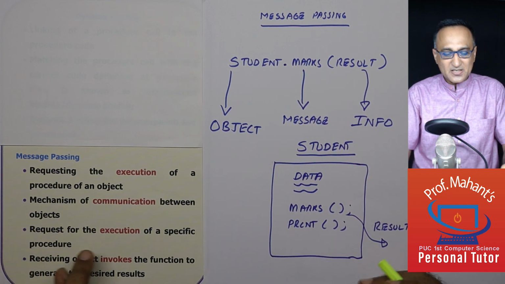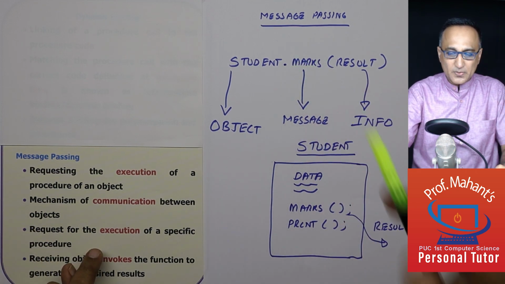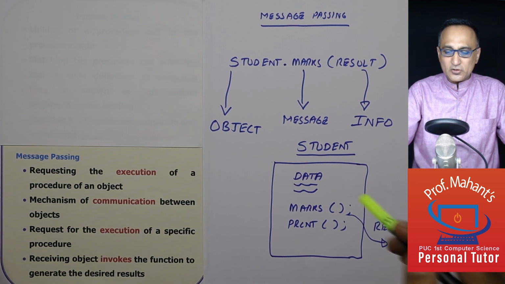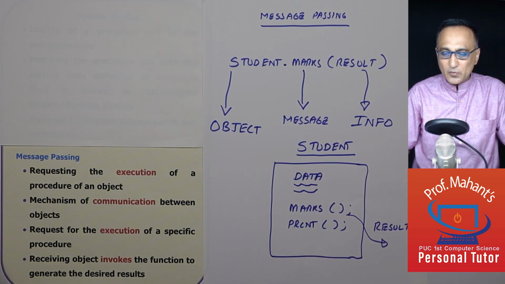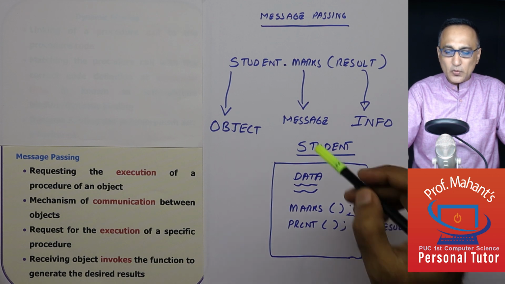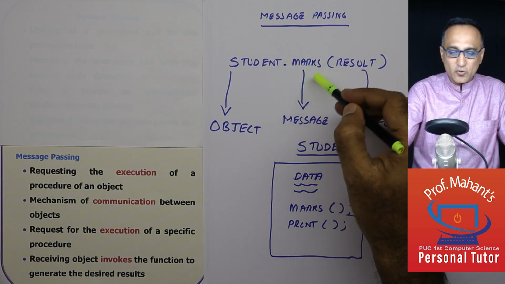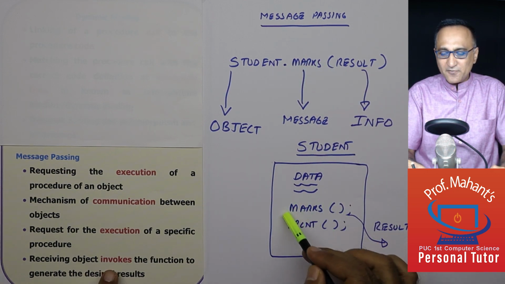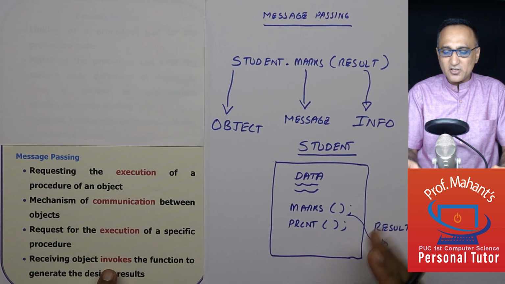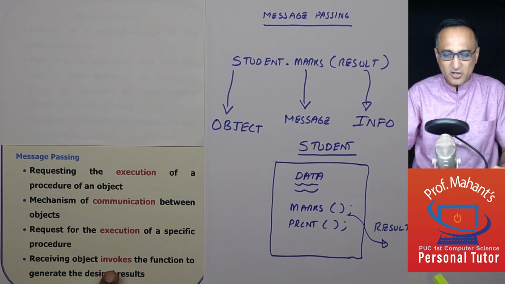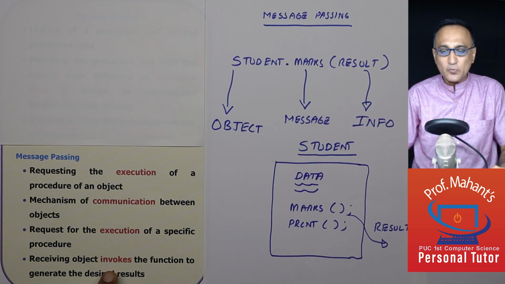When I pass a message, it requests the execution of this particular marks. Once the student object receives a message to execute marks, it invokes the function called marks to get executed and provide the result to me.